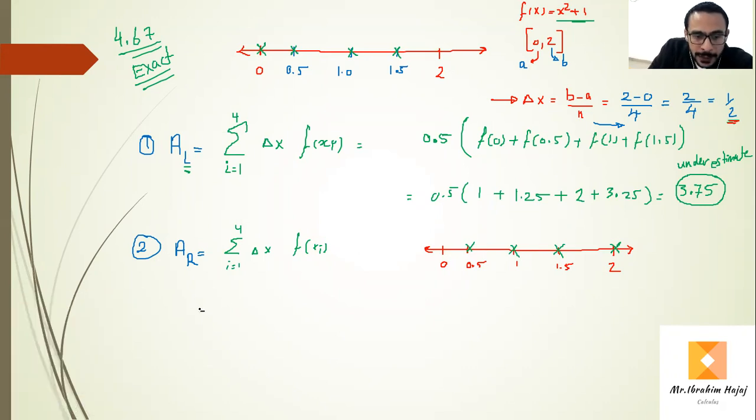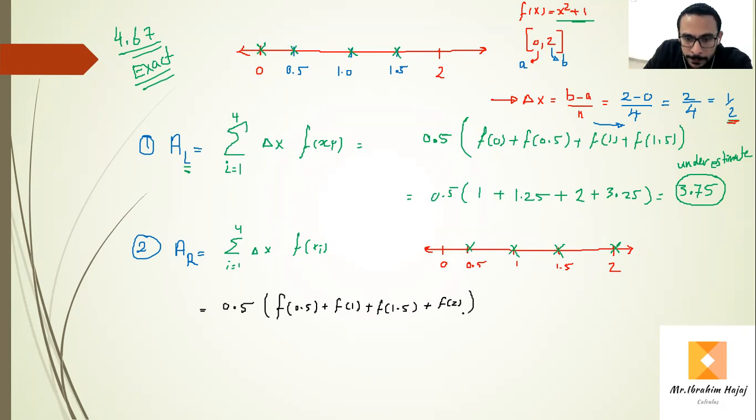It's delta x, which is 0.5, multiplied by the height: f of 0.5 plus f of 1 plus f of 1.5 plus f of 2. We calculate everything except 0 now because we are finding the approximate area using the right endpoints rule.